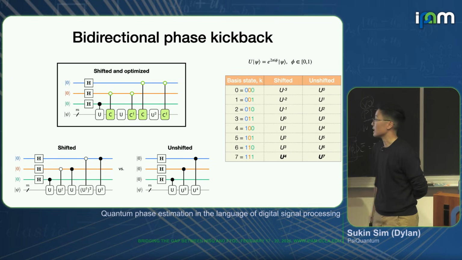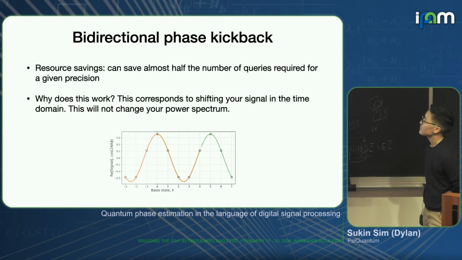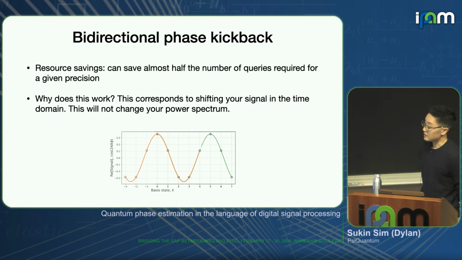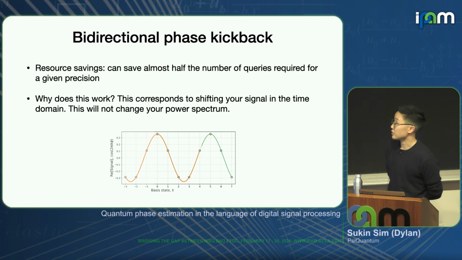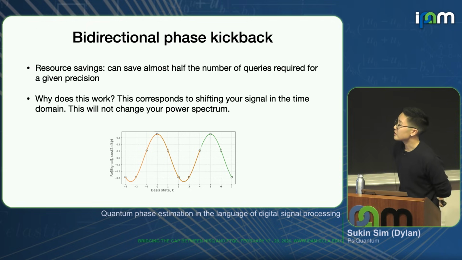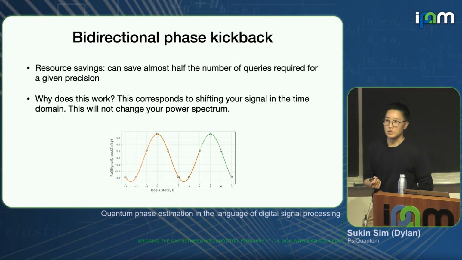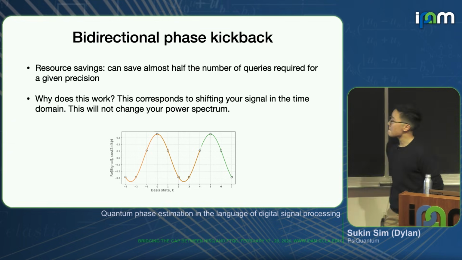So saving around 2 times the number of queries. And so it's been known in literature that this trick can save almost half the number of queries required for a given precision. But this type of signal processing picture really helps you understand why this happens. And this is because you're shifting your signal in the time domain, which does not change your power spectrum.